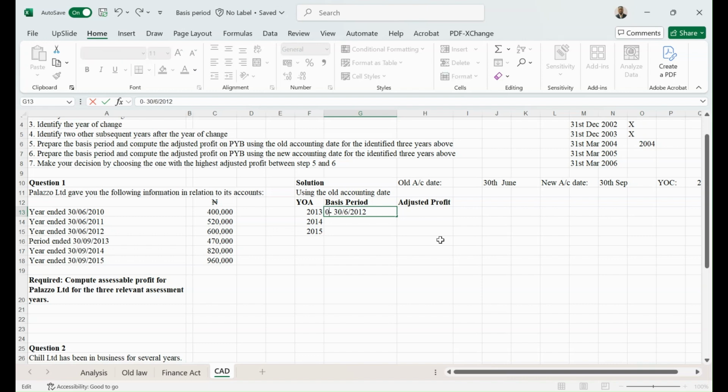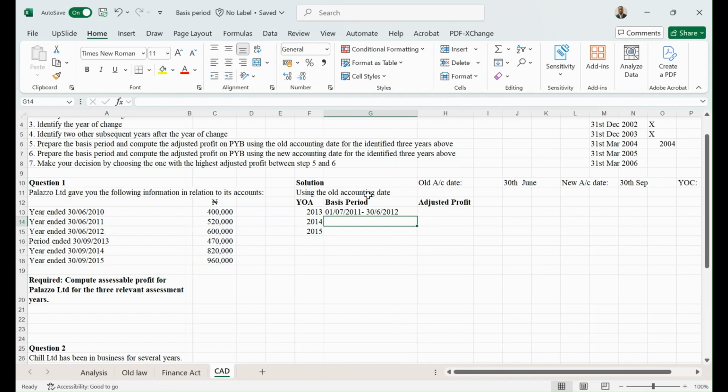this must have started from 01/07/2011. So in this case, you have the basis period on a preceding year basis. The next is going to be 01/07/2012 to 30th of June 2013.